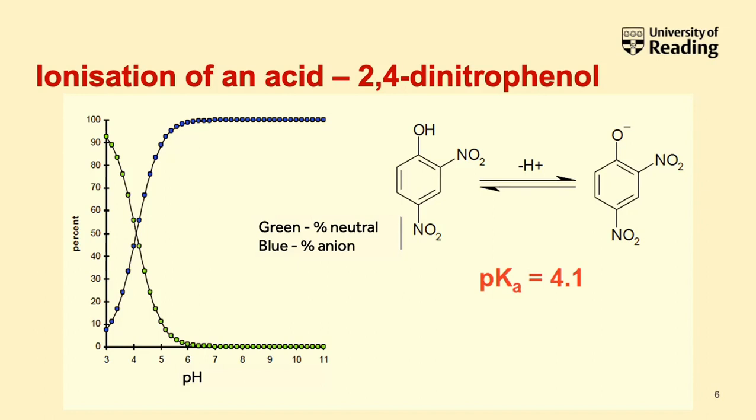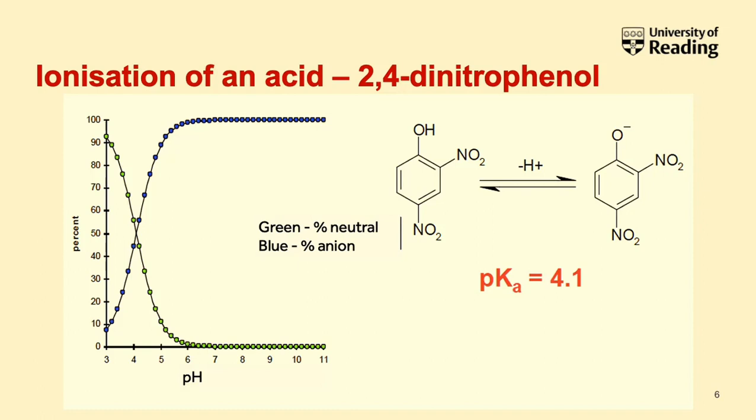So let's look at an example. Here we have the percent of neutral, so unionized, and the percent of ionized of this molecule against pH. You can see that the green, the neutral form, the unionized form, goes down with pH, and it crosses the blue, which is the ionized form, which goes up as pH increases.